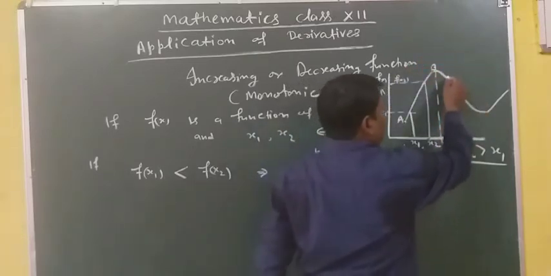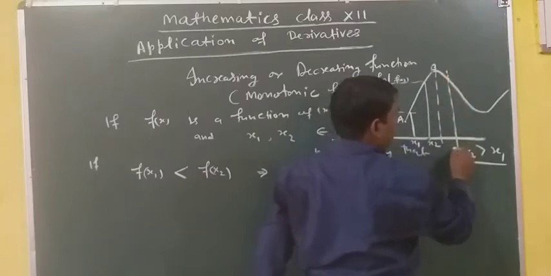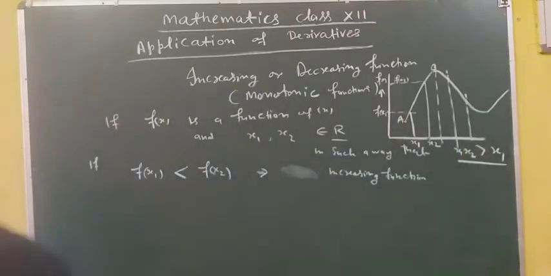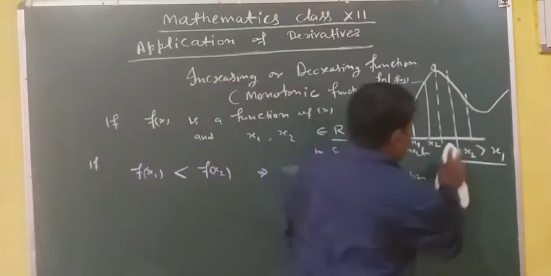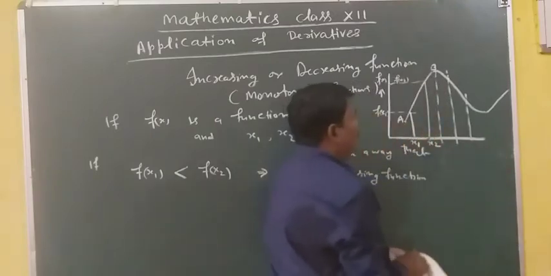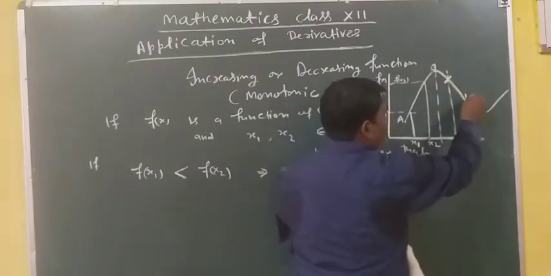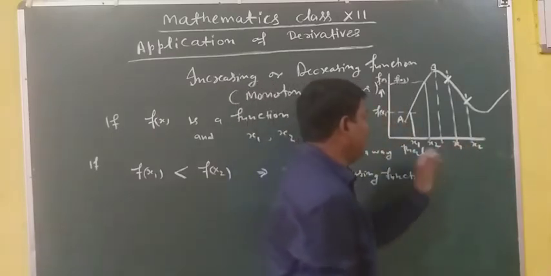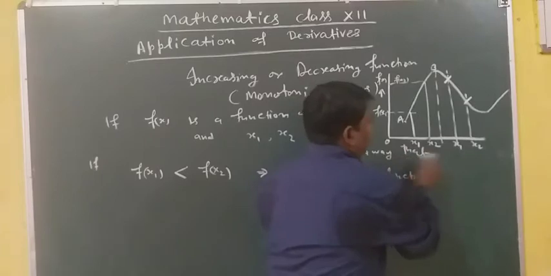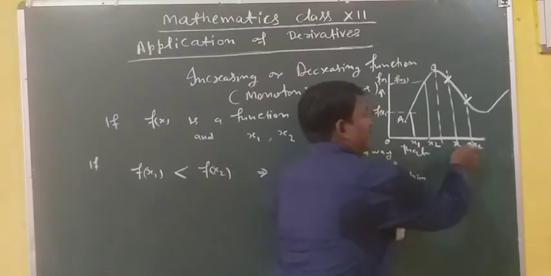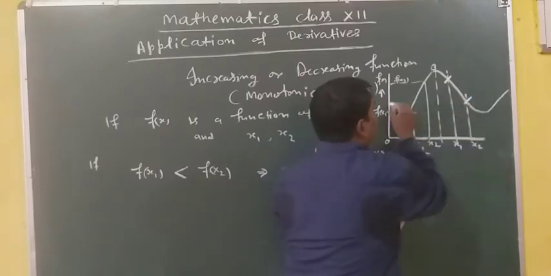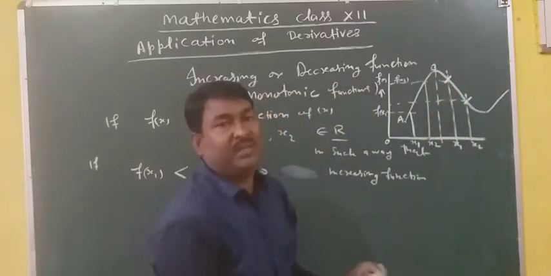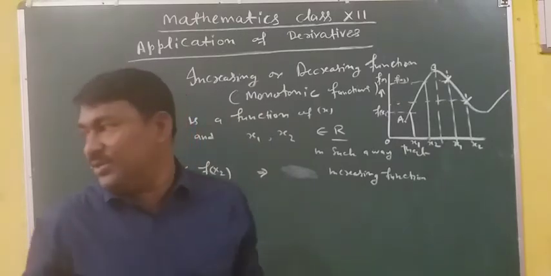Suppose at these two points we take x1 and x2, where x2 is greater than x1, while f(x2) is less than f(x1). Then the function is said to be a decreasing function.